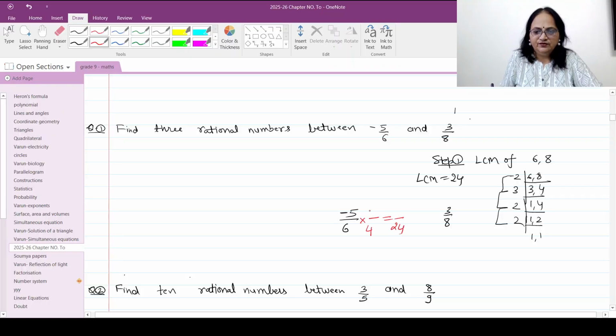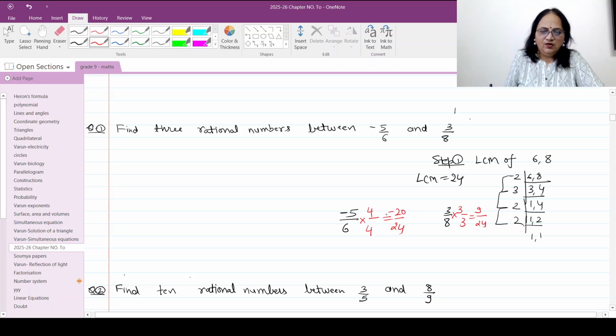6 4s are 24. The same number I will write here. So this will be minus 20. 8 3s are 24. 3 3s are 9. So now I have numbers minus 20 upon 24 and 9 upon 24.